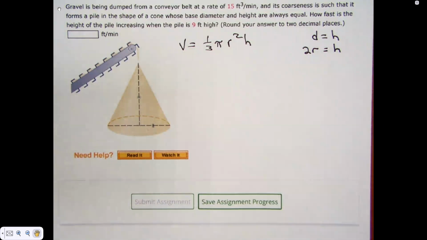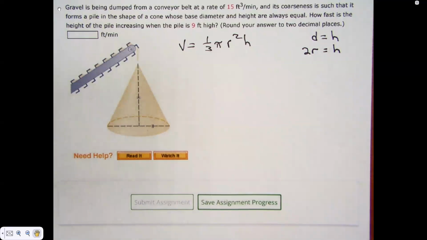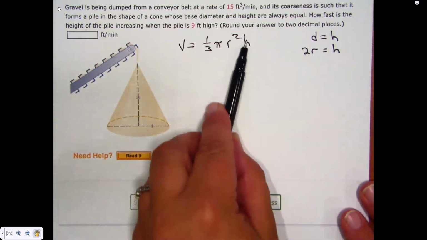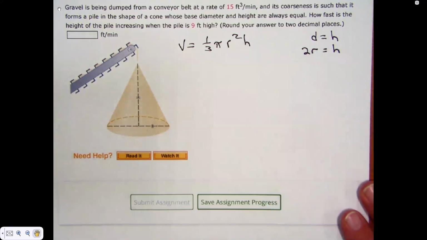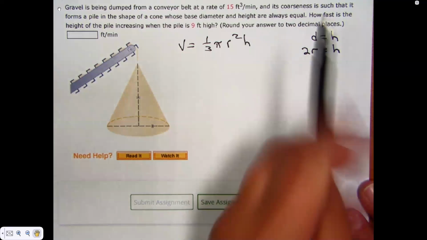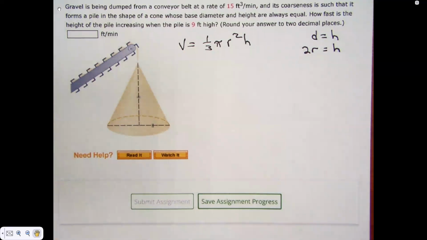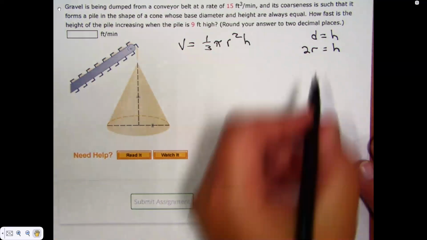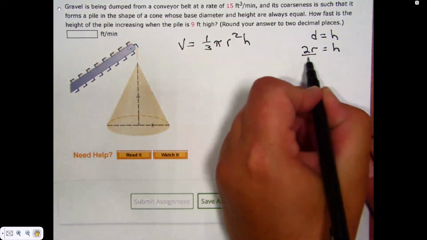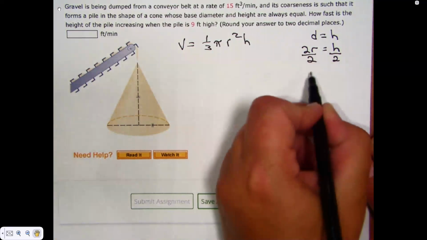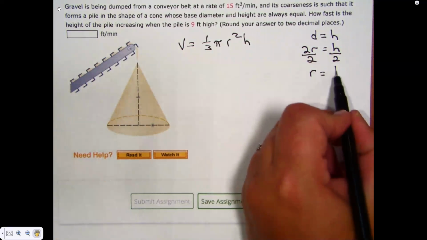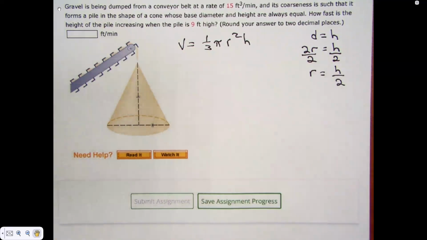But now we wanted to plug in something for r. It would be nice to plug it in right here for h, but I think it asks for something about the height, right? How fast is the height? So I think we're actually going to have to solve this for r, and so we're going to have to put in h over 2, which makes it a little bit harder. It actually turns out okay.